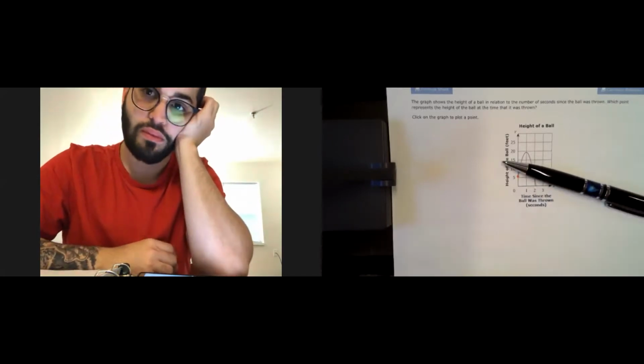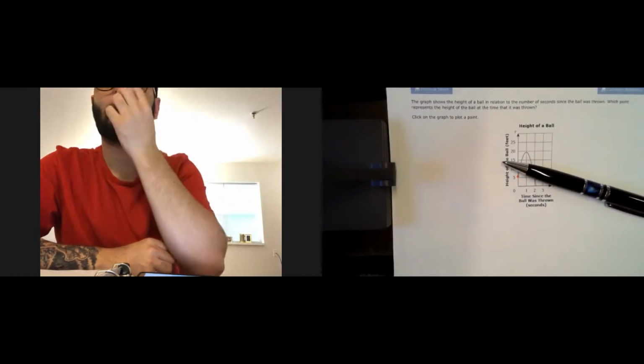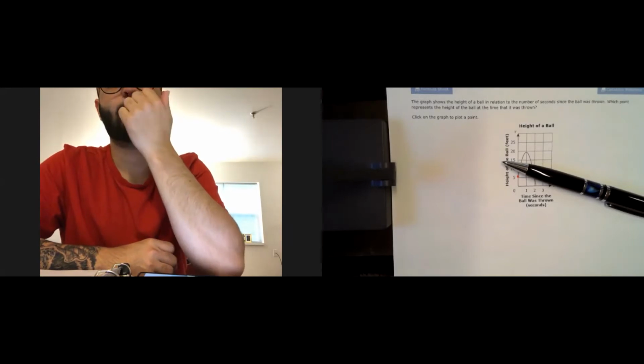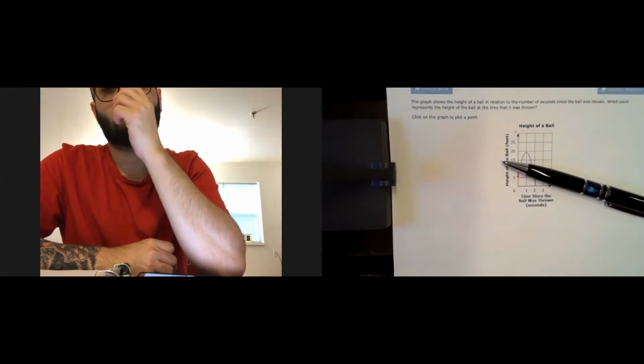So think about, and they're sneaky. They're sneaky on purpose. So think about if you have a ball, it hasn't left your hand yet, so it's still at 0, right? Mm-hmm. And so as soon as you release it, it's going to be far away very quickly because of the force of your throw.